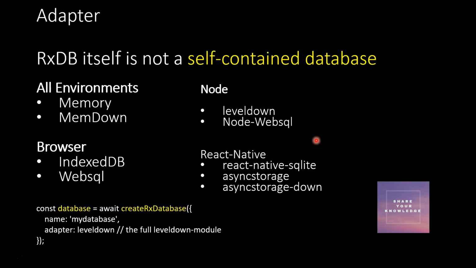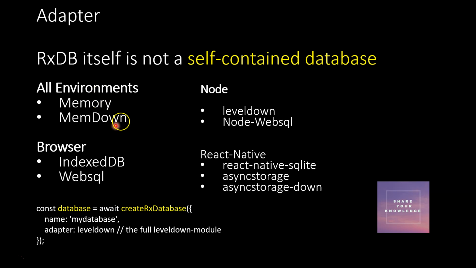You can choose the adapter based on the environment where you have this application. In all environments you can use memory and memdown. In the case of memory, it doesn't save the data persistently. It just saves it inside the JavaScript application.